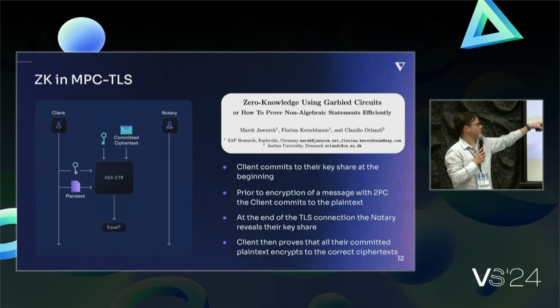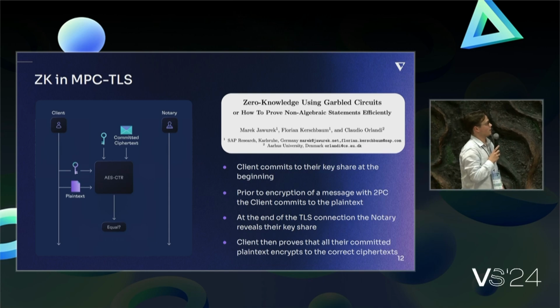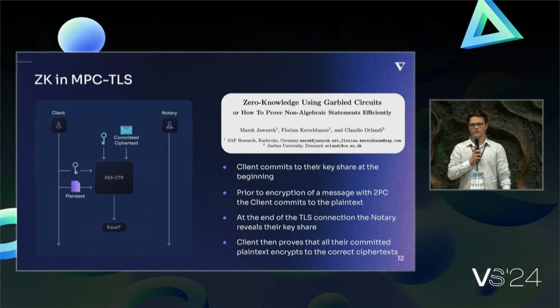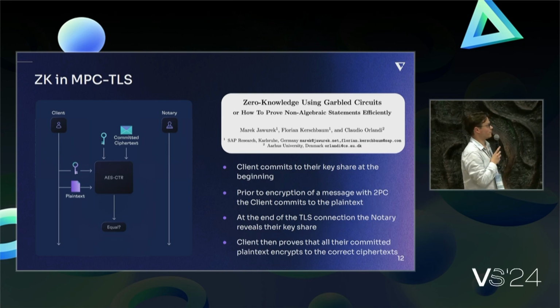So he learns if the plain text encrypts to the notary's ciphertext. And why is it interactive? Because the notary gives away his key share. They need to interact with each other. So it's a whole different zero knowledge story than SNARKs or STARKs, but it's necessary to keep the protocol secure.